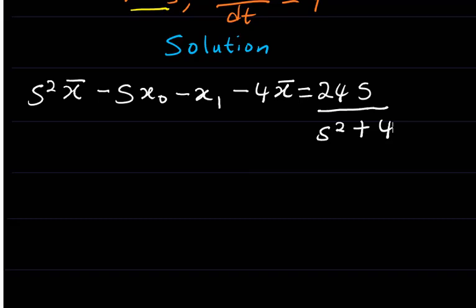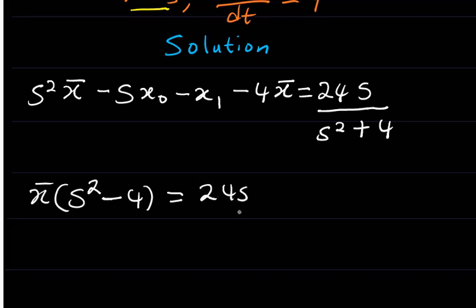All right, so let's work on this. Collecting like terms together, my x bar, if I factorize it, I'm going to have s² minus 4. Now I take the other terms to the other side, and insert the initial value conditions. So this is going to be 24s over s² plus 4.